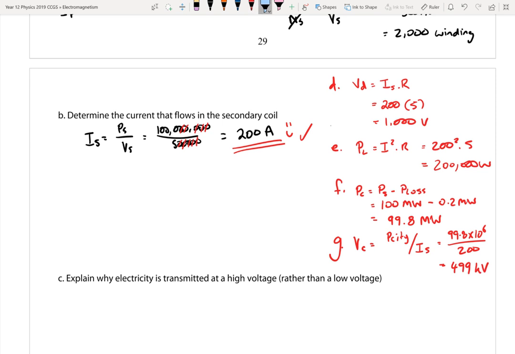Oh, of course it's 499 because the voltage drop was 1,000, so it's 500 less 1,000. Cool? We could also then confirm, does V squared on R also give 200,000 watts?